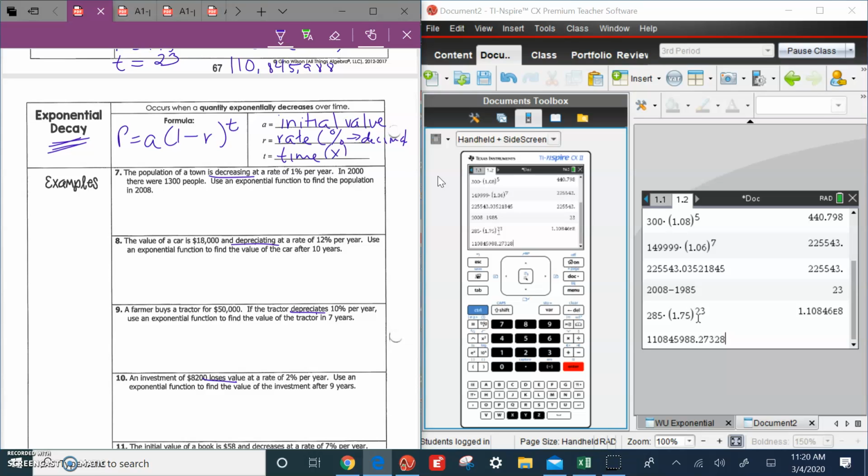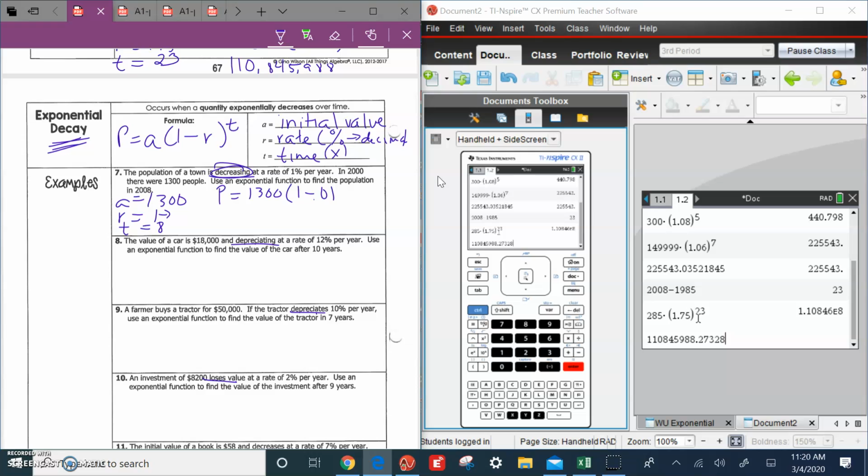All right, so we're starting with 1,300 people. Our rate is 1%, and our time is from 2000 to 2008, 8 years. So we're going to use the equation again. So 1,300 is our A. 1 minus, because it is decreasing, the rate, and the rate is 0.01.